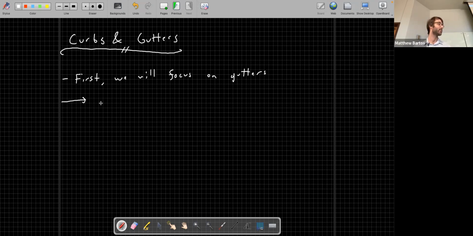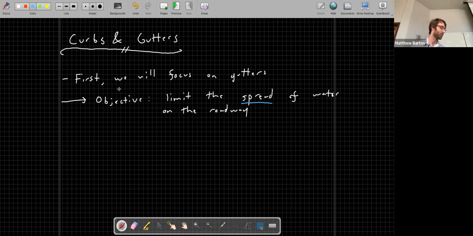Our objective in designing the gutters will be to limit the spread of water on the roadway. Note that spread is a technical term, which we'll be talking about a little bit later.